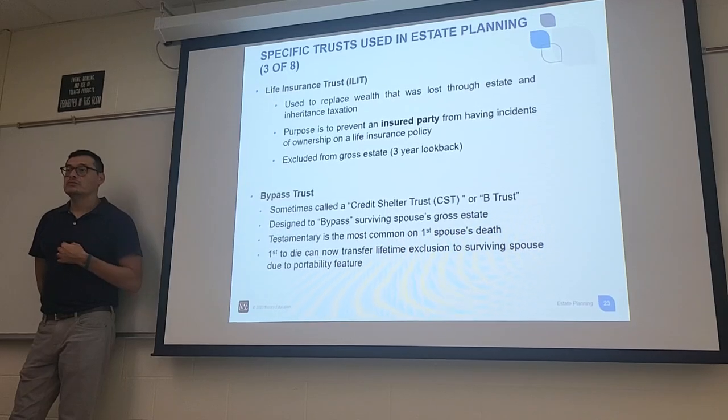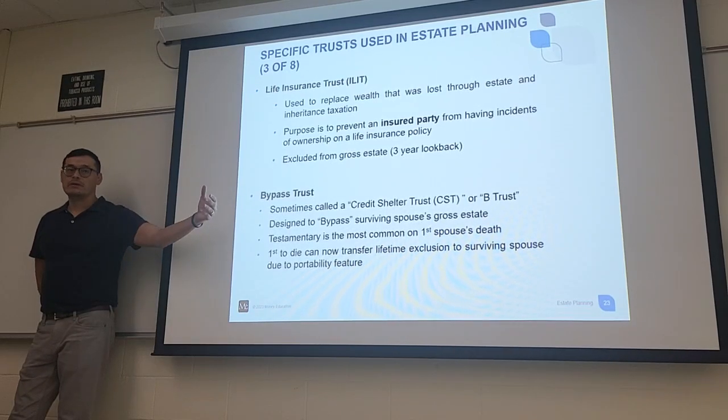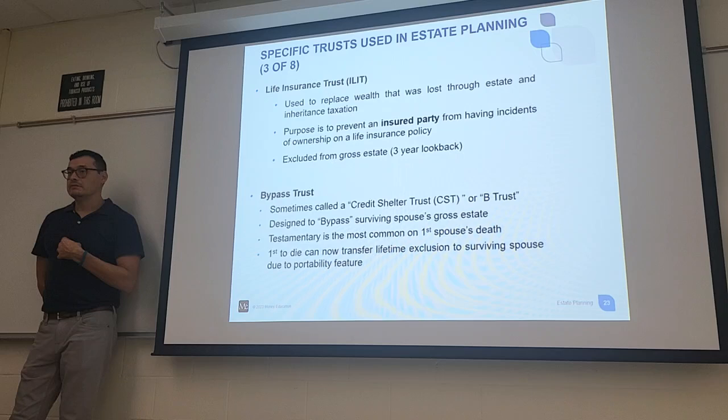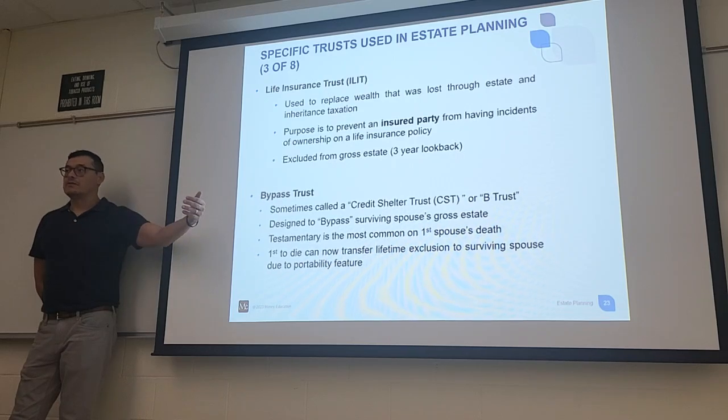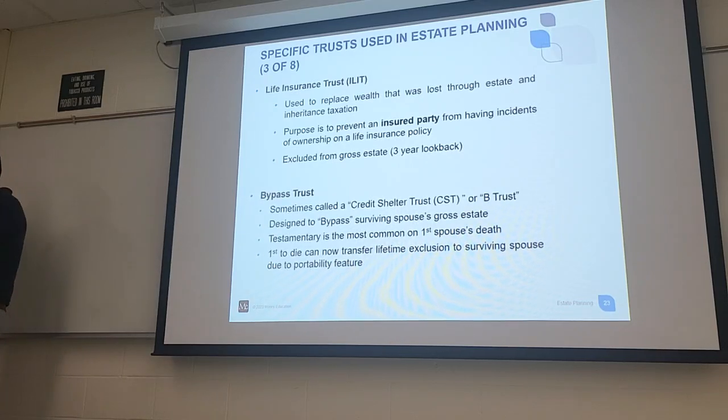So what I would do, before I could port, it's called portability, transfer my lifetime exclusion to my wife, I would put all this into the trust, pay the gift tax associated with it, which would utilize my lifetime exclusion. Then it would bypass my wife's gross estate, because now this property is held out of my estate, because I'm dead now, and my wife has no control over it. So it was another opportunity to transfer my unused exclusion before you could transfer it.